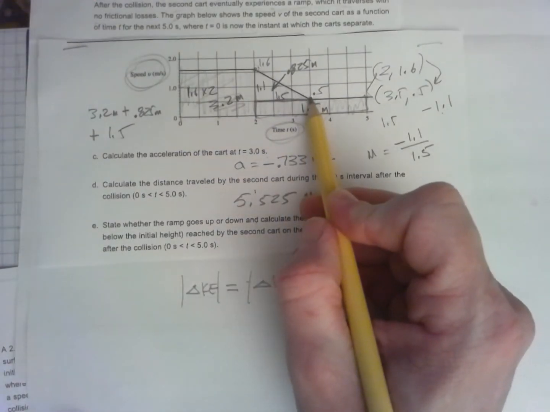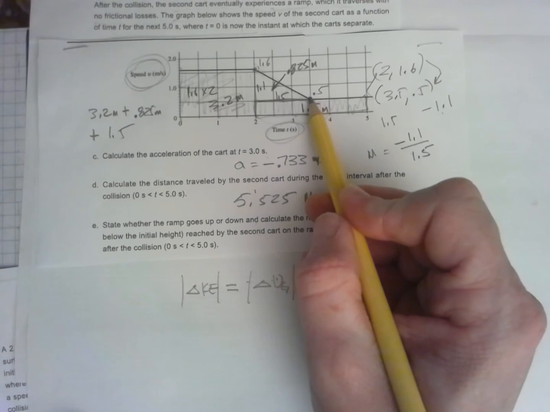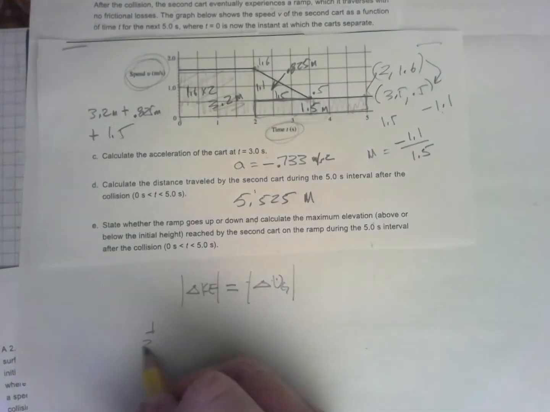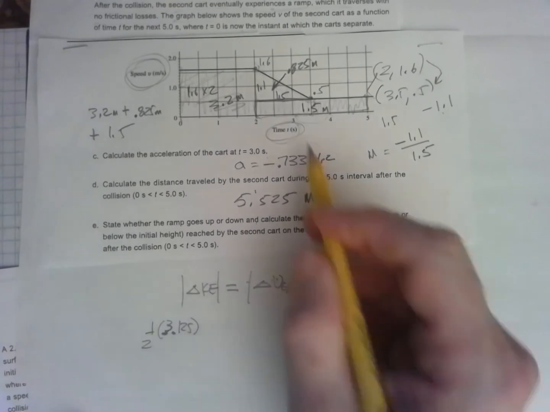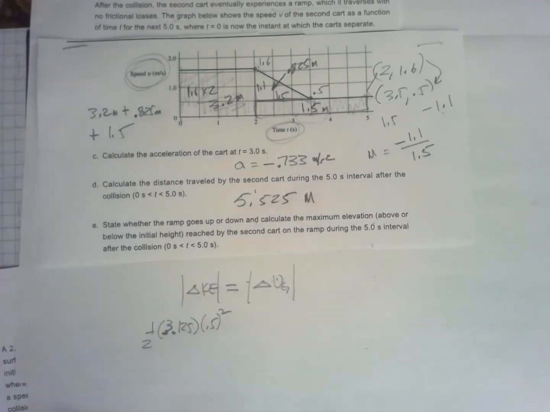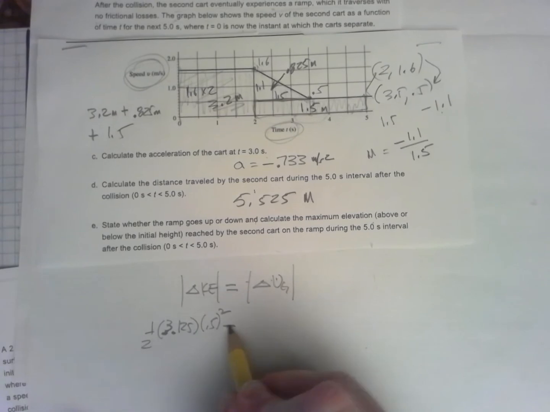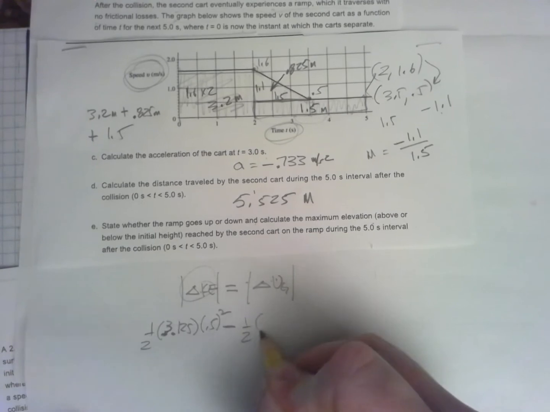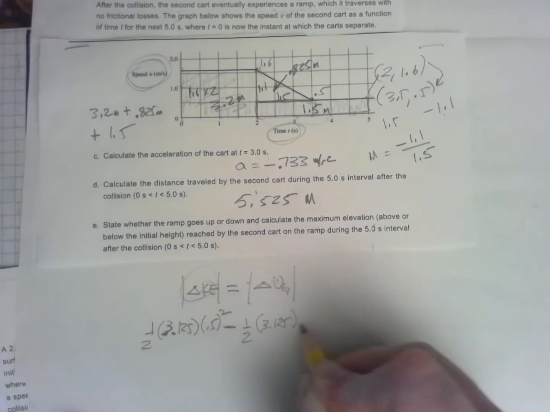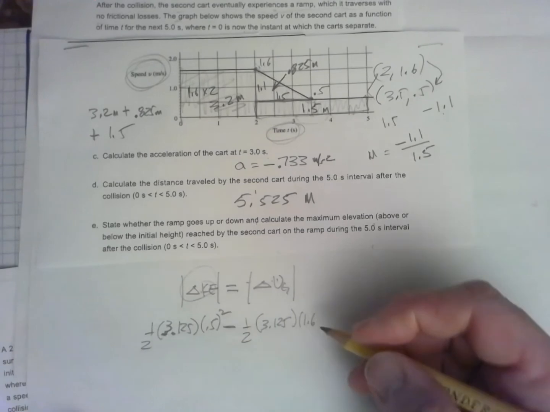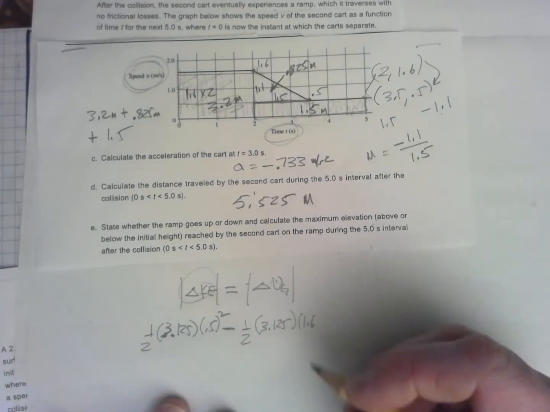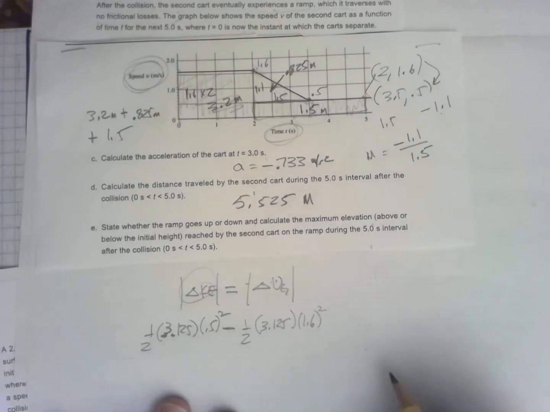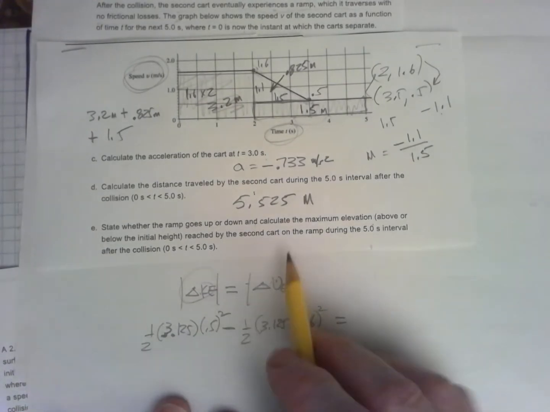Final kinetic energy was 1/2 times what was the mass of the cart? 3.125, it's not going to make a difference because it's going to divide out, times a velocity of 0.5 squared. The initial kinetic energy, remember I'm finding change in, was 1/2 times 3.125 times 1.6 squared. That equals the change in potential energy.